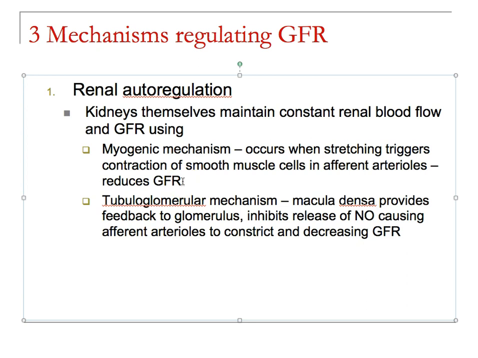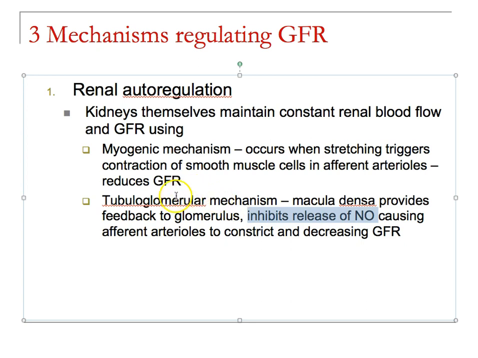Okay? Now, what's going to happen, of course, is you also have this tubuloglomerular mechanism where the macula densa provides feedback to the glomerulus, and it inhibits the release of nitric oxide. Now, notice what's happening here. That means that those mesangial cells are making nitric oxide.